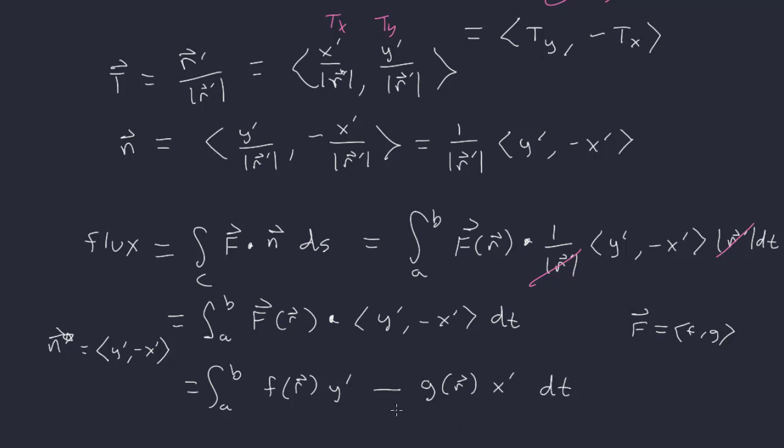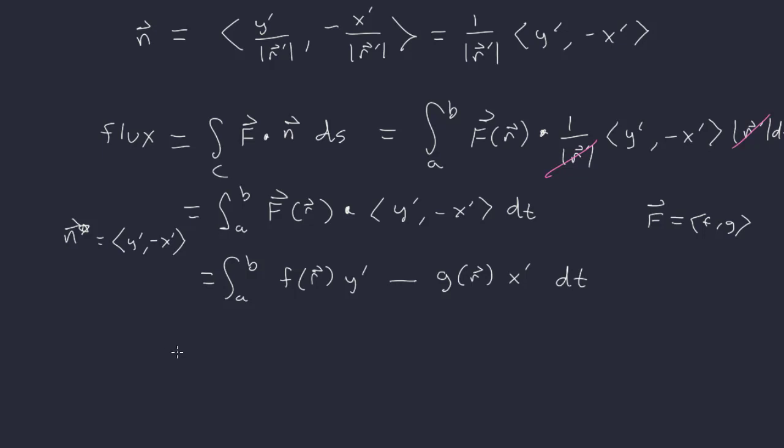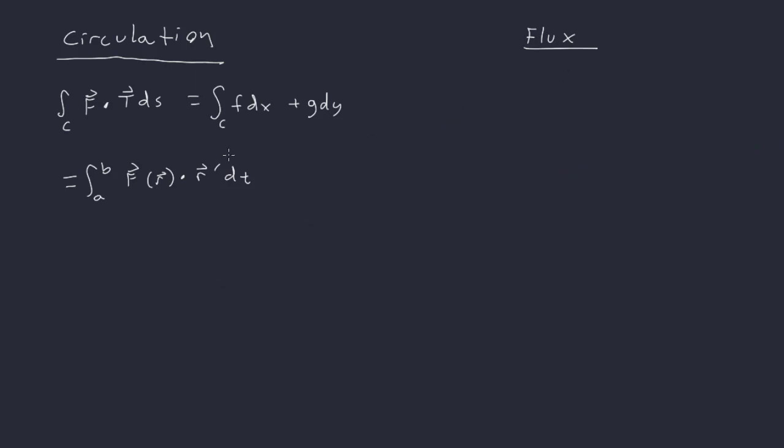So the flux integral is often written like this: the integral over c of f dy minus g dx. Okay, because that's kind of telling you what we're doing here. Whereas, remember, the circulation was f dx plus g dy.